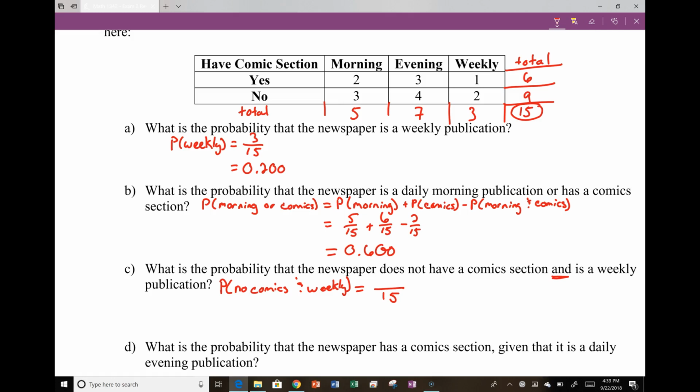So no comics is here. Weekly is here, so there are 2 weekly publications with no comics. 2 divided by 15 is going to give me 0.133. So the probability that the newspaper does not have a comic section and is a weekly publication is 0.133.